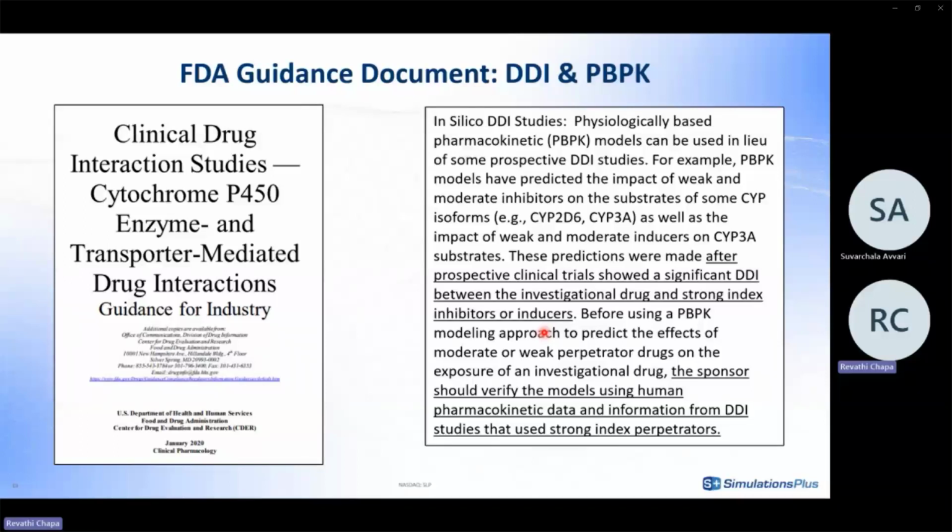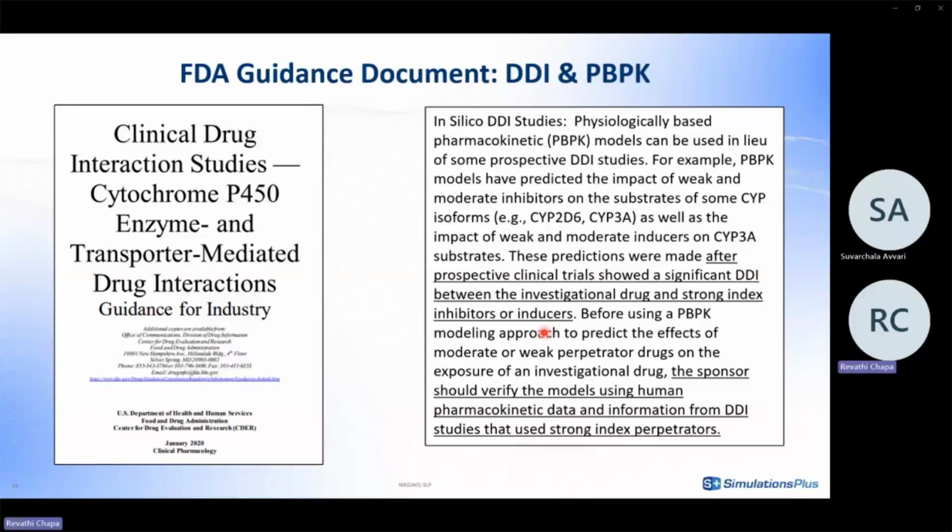For example, if your compound is a substrate for a particular enzyme, like CYP3A4 or 2D6 or 2C8, ideally a mass balance study is done, and also a DDI with a strong enzyme inhibitor. For example, for 3A4, rifampicin is used to see how much it changes the AUC and Cmax of your compound.